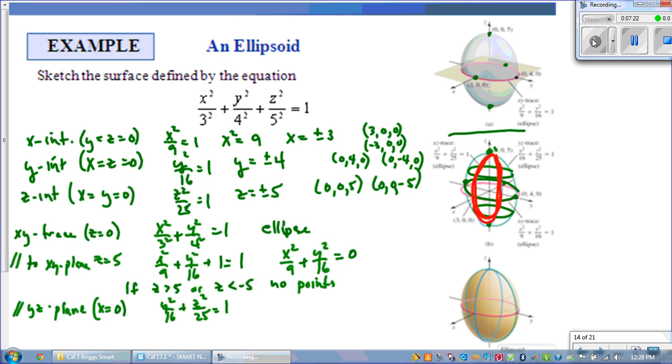And now the last one, parallel to the XZ plane, that's where the y is 0. So we would have x squared over 9 plus z squared over 25 equal to 1, which again is another ellipse. So parallel to the y-axis, or the XZ trace would look something like this one. Actually, I may have got the wrong one there. It's this.